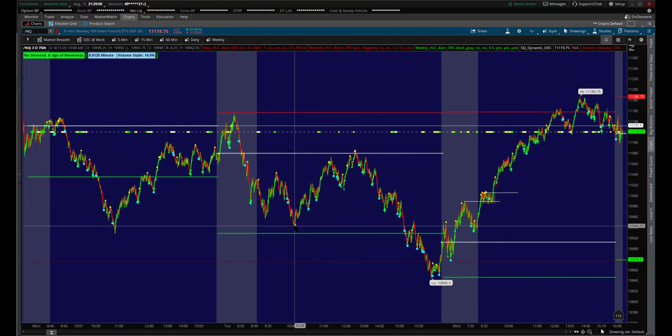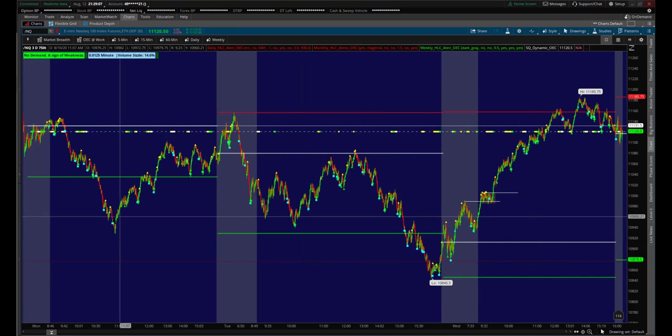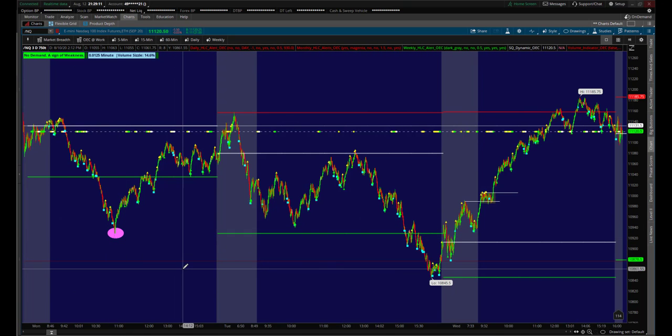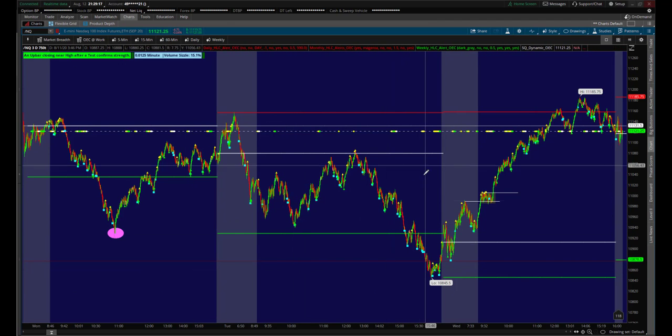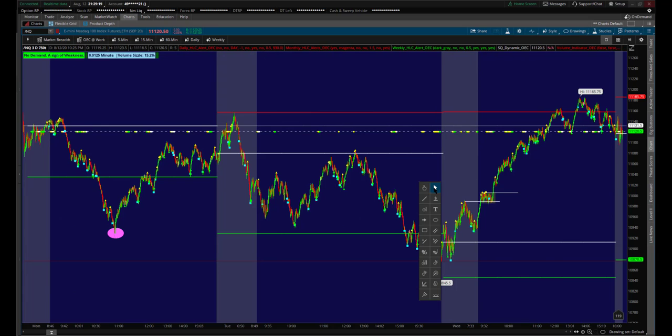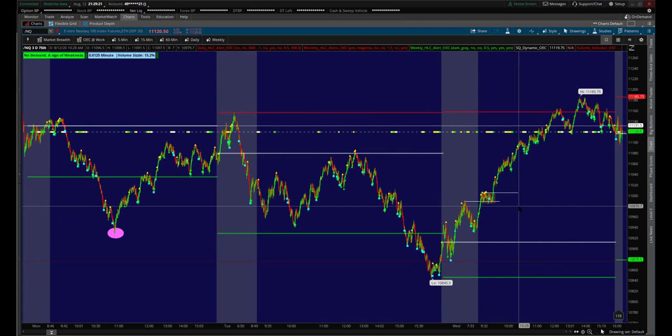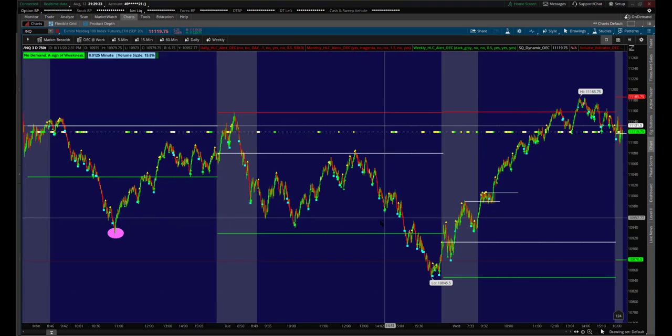If it doesn't start to consolidate and it gives you a V shape, it's not a flag, it's a V shape reversal. Now a V shape could just be the pullback, right? So just because you see a V shape doesn't indicate that it's going to fail or that it won't continue.